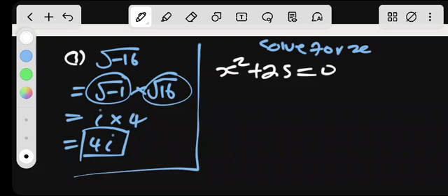Then you say solve for x. Then we have x squared equals minus 25, isn't it?